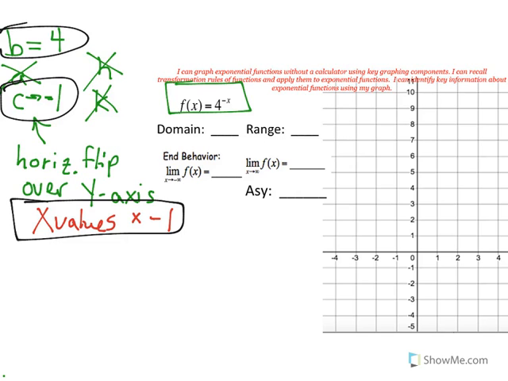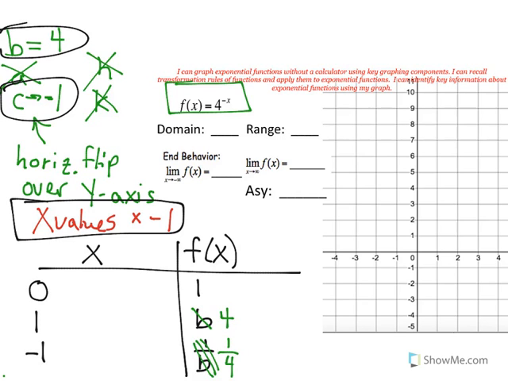Pause this video and write out the basic big 3 points. Okay. So there are your basic big 3 points. 0, 1, 1, the base, which is 4, -1, 1 over the base, or 1 over 4. That is just filling in those big 3 values. However, we cannot forget about our transformations.